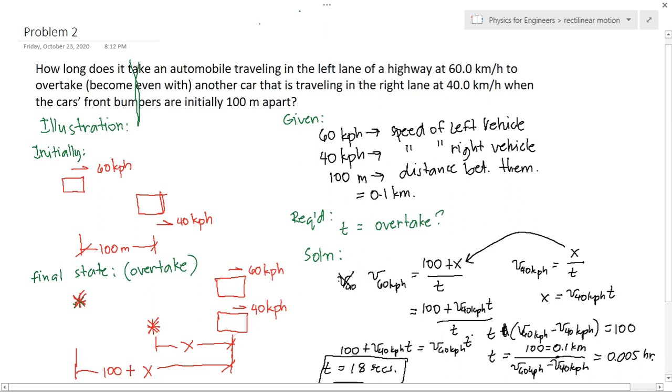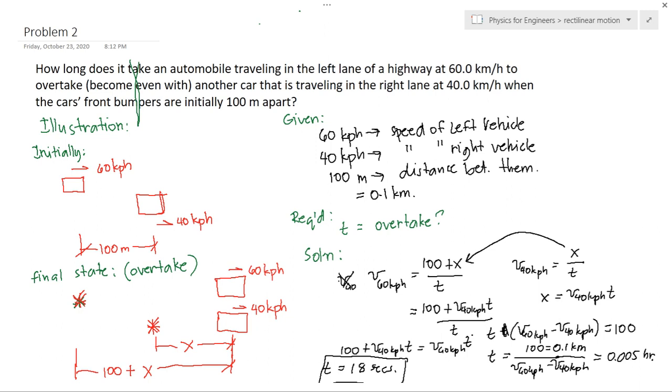So therefore at 18 seconds pala ma-overtake ka na ng car B na may speed na 60 kilometers an hour. So ganun.